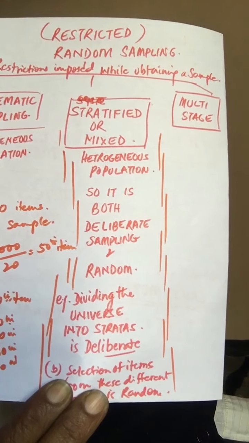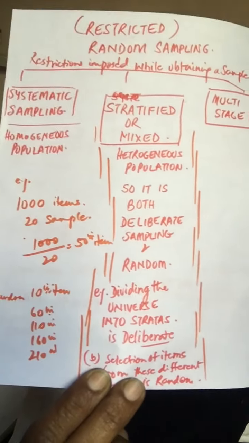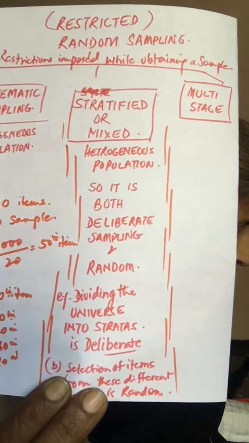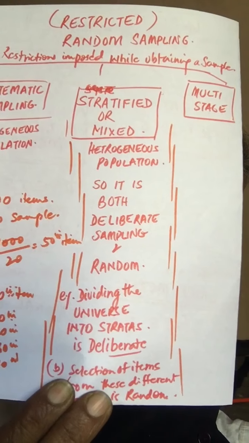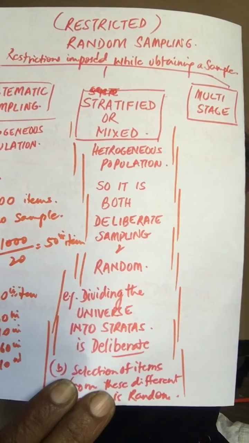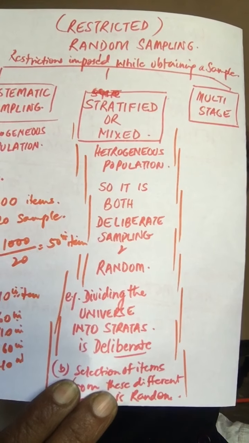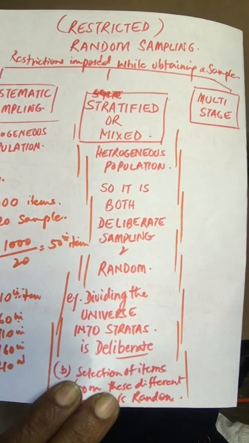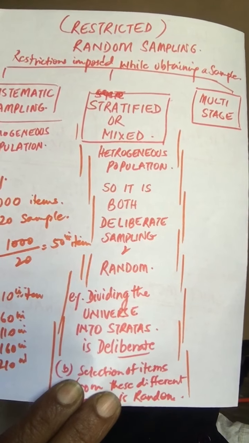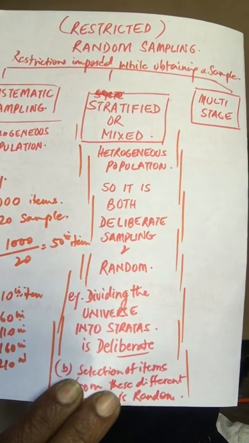Now let's talk about the first one, that is systematic sampling. Now what happens in this? When a complete list of the population is available, a sample is taken by selecting every nth item from this list. So this is why it is known as systematic or quasi-random sampling.